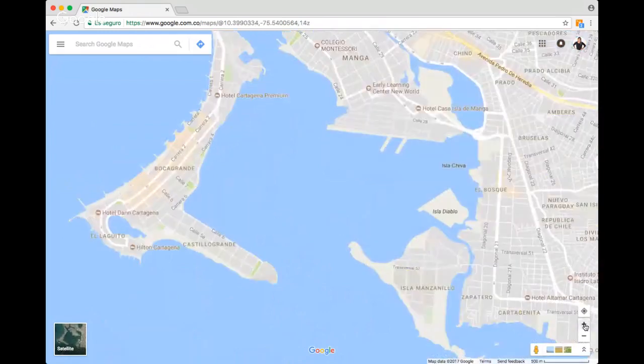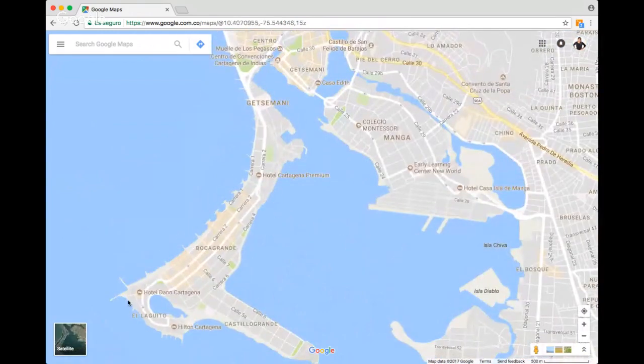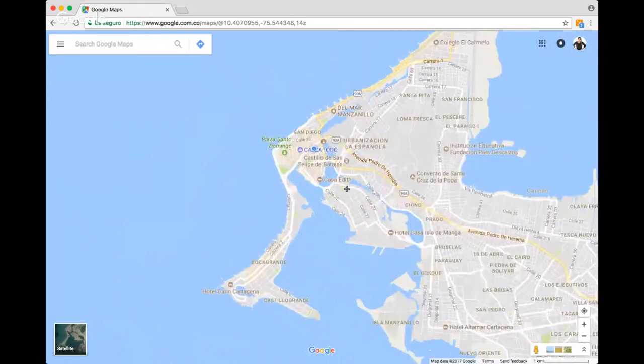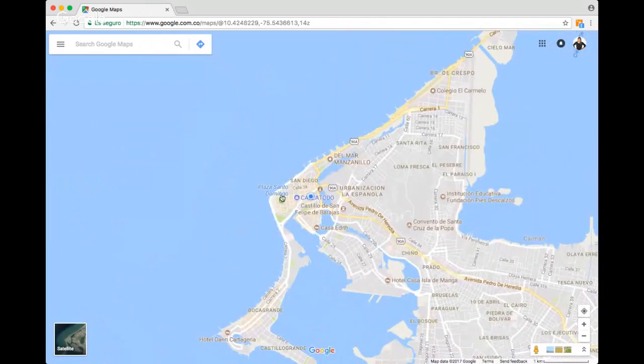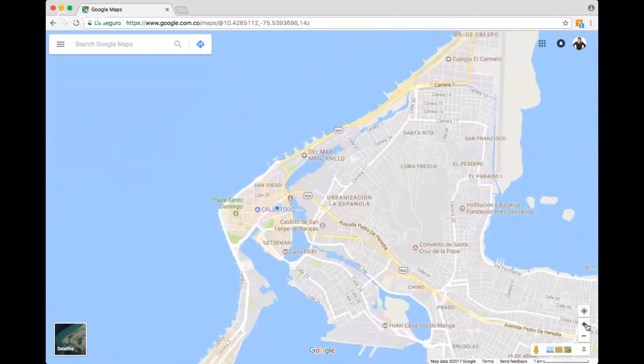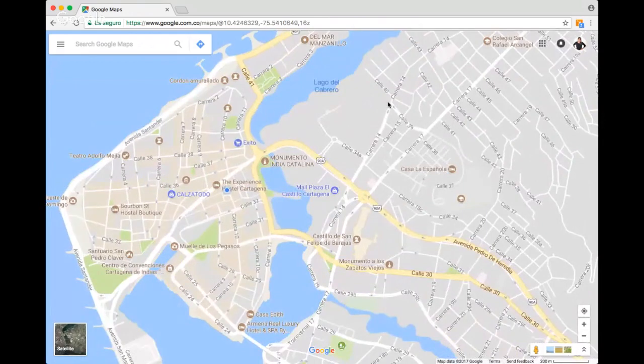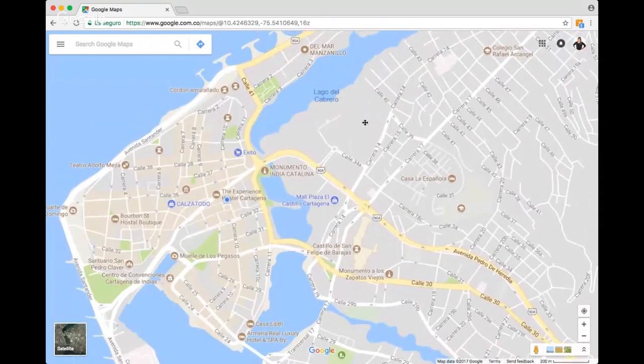This part, Boca Grande, is pretty touristic. You can find different hotels there, but it's kind of far from downtown. In downtown you can find mainly all the touristic places, the castle, and the fun things to do in Cartagena. So there you go.